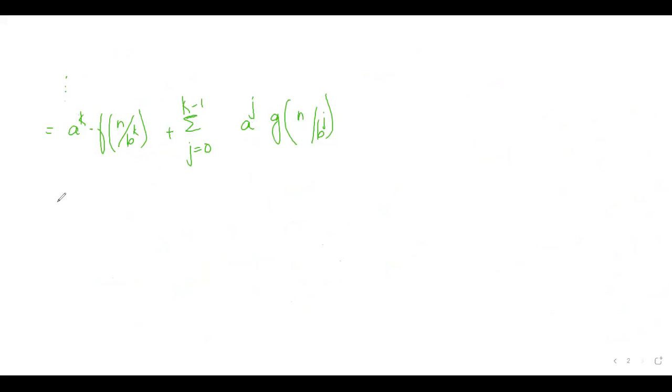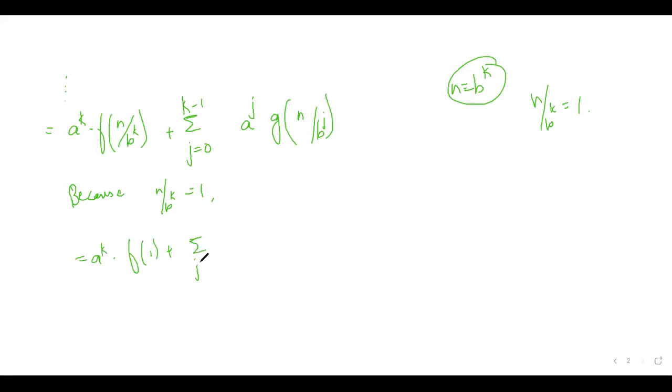Okay. So while before starting this proof, I have said that n will be equal to some b power k. So what will be n by b power k equal to? It will be equal to 1. So we can write that because n by b power k is equal to 1, this equation can be written as a power k into f of 1 plus sum over j is equal to 0 to k minus 1 of a power j into g of n by b power j.